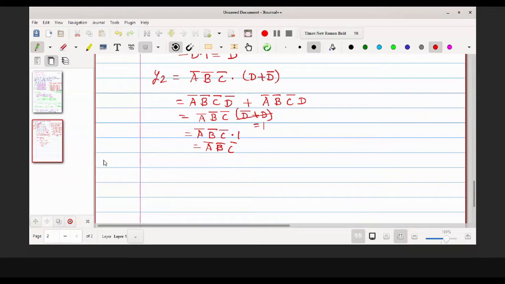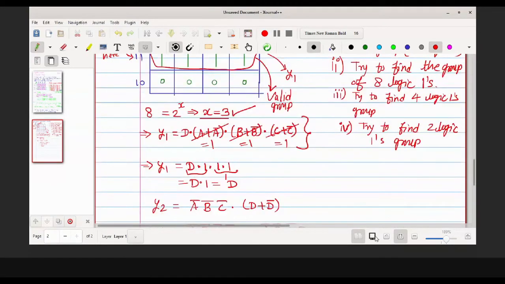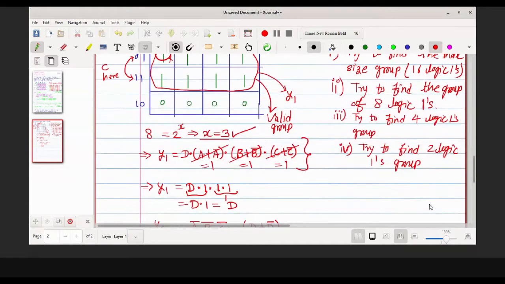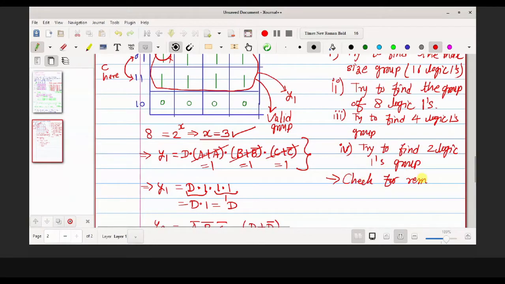Okay, so now the second last step is: check for remaining groups or logic 1s, if any.